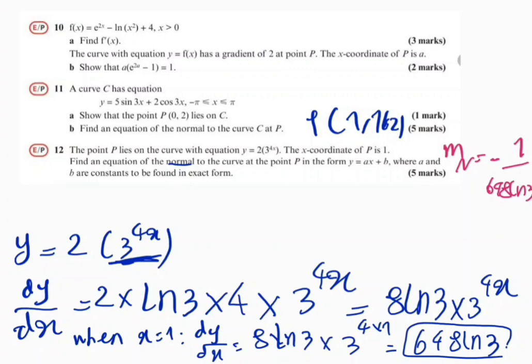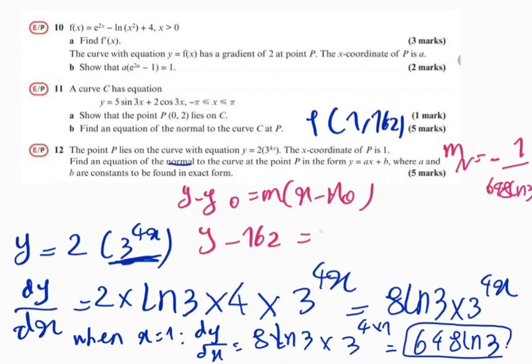Now we use the basic equation of the straight line and plug in the values. Our y coordinate is 162, and the gradient is minus 1 over 648 ln 3 times x minus 1, and that's it.